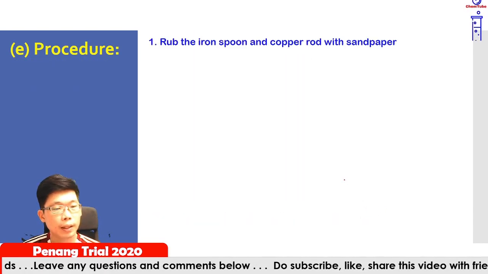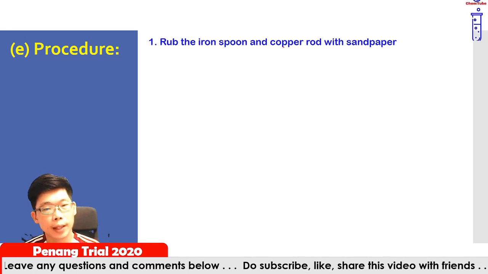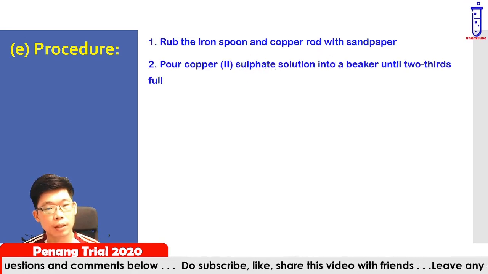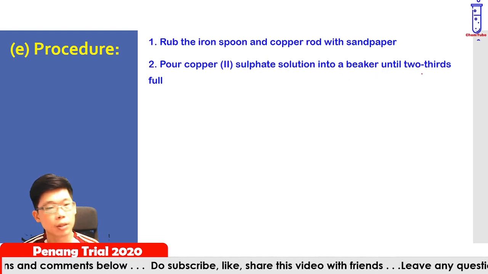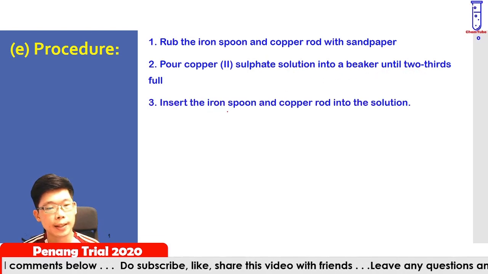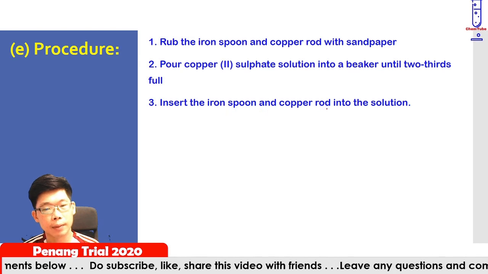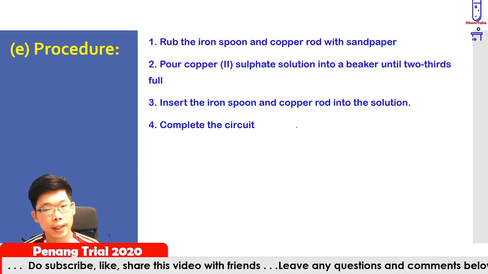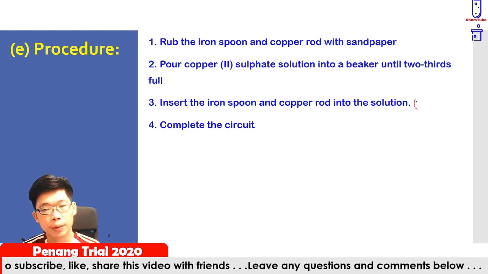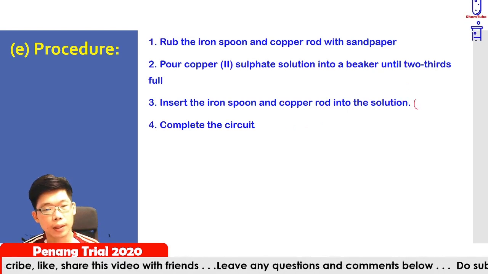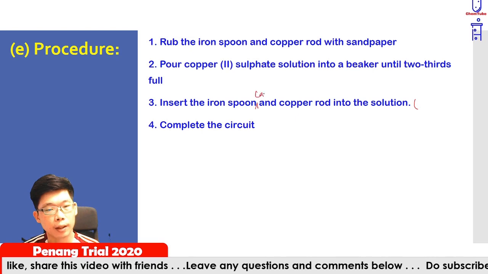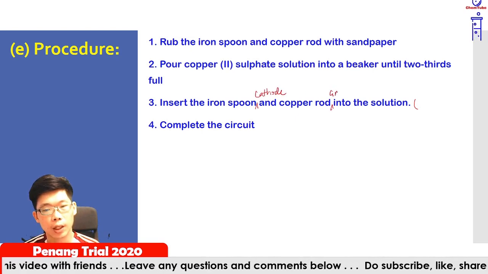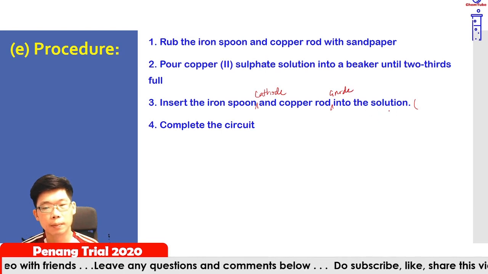Procedure. Number 1, rub the iron spoon and the copper rod with sandpaper. Number 2, pour the copper 2 sulfate solution into the beaker until 2/3 full. Insert the iron spoon and the copper rod into the solution, then complete the circuit. Here you can specify: iron spoon connected to the cathode, copper rod connected to the anode.